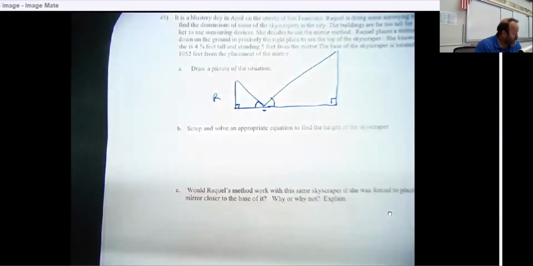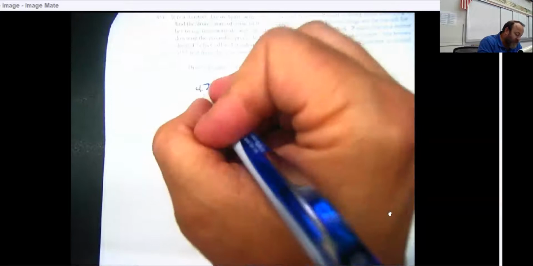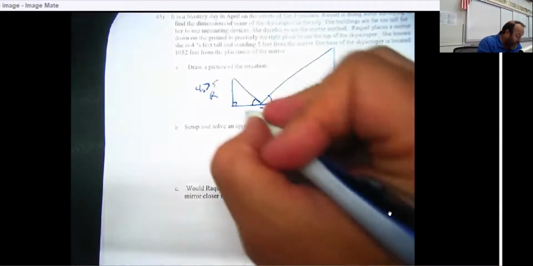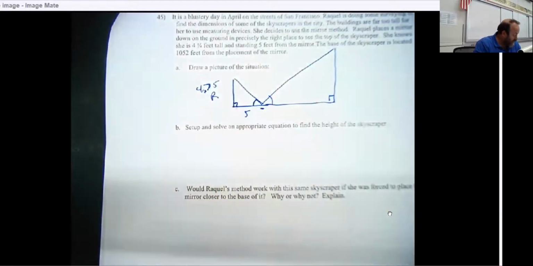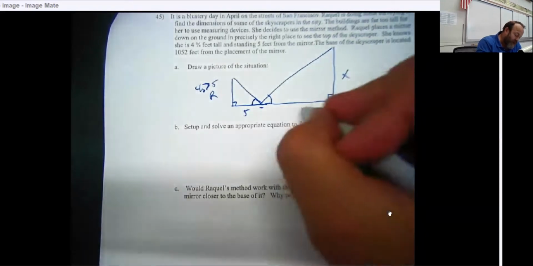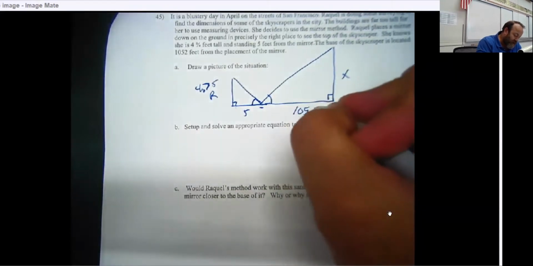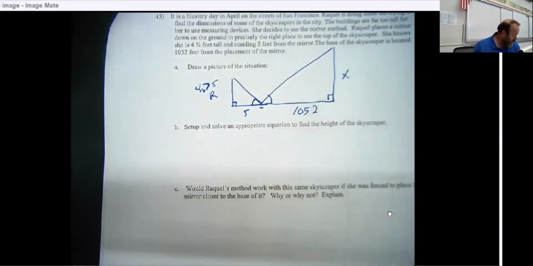So if Raquel is right here, and she knows that she is not exactly the tallest person in the world at 4.75. She places the mirror 5 feet away from her. And she also knows that the distance from the mirror to the building is 1,052 feet.